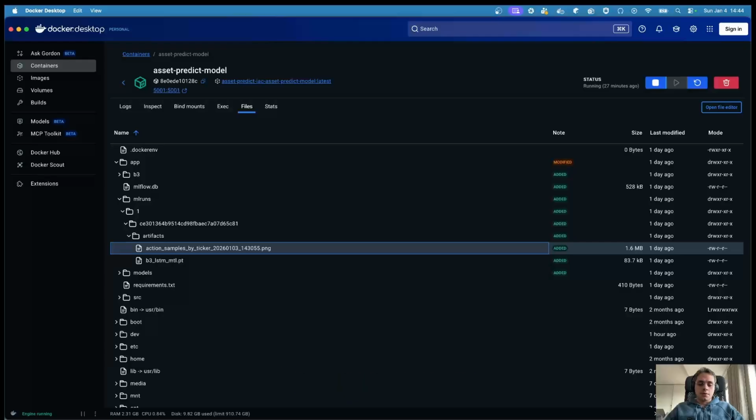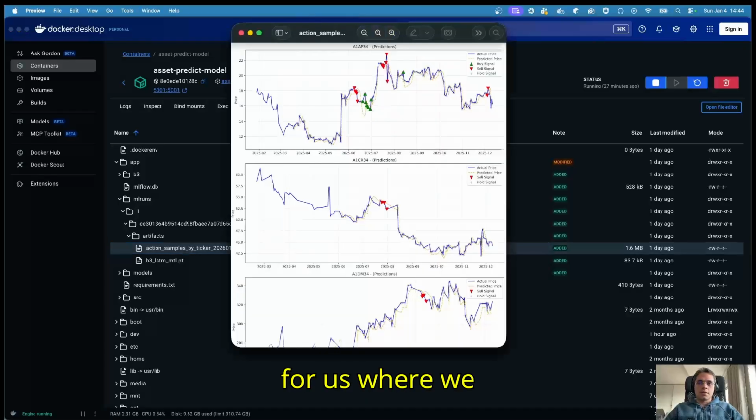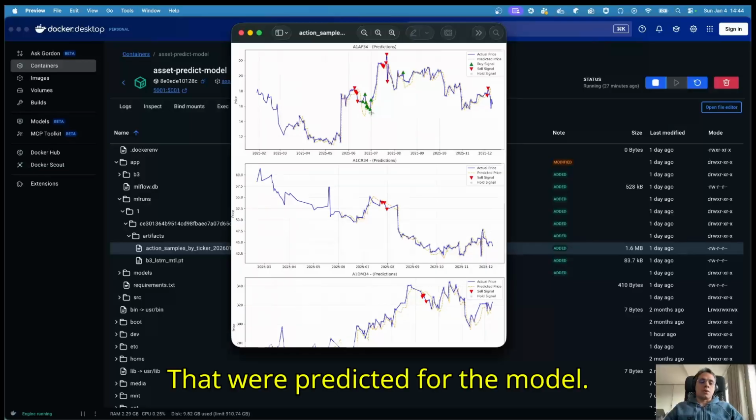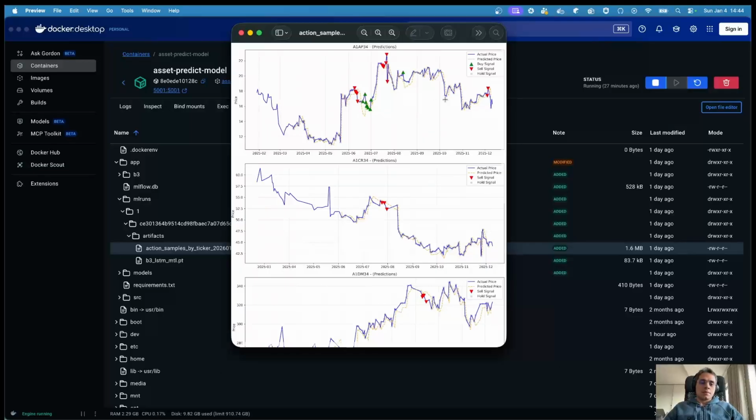Let me open it for us, where we can see actual samples by ticker. We have our labels here, the actual price, the predicted price, buy, sell, and hold signals that were predicted by the model during the evaluation of the training.